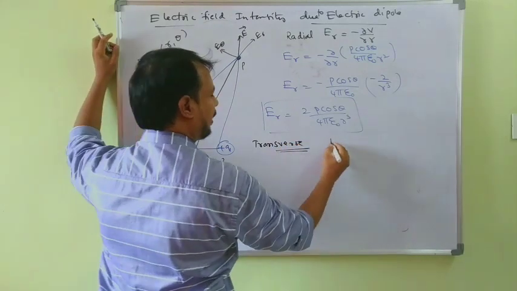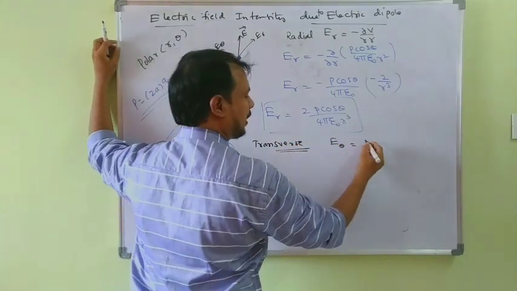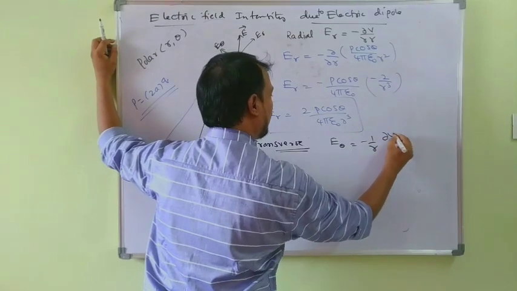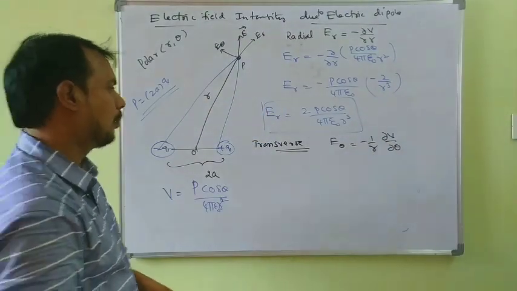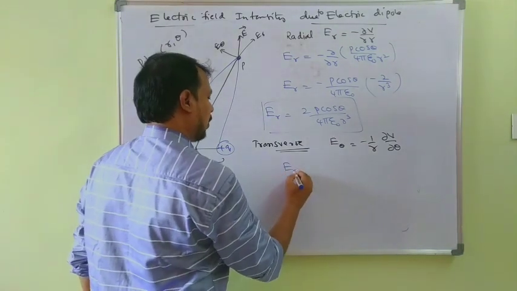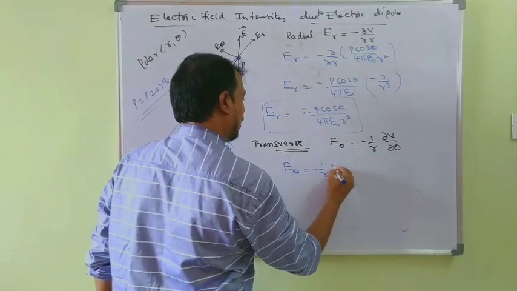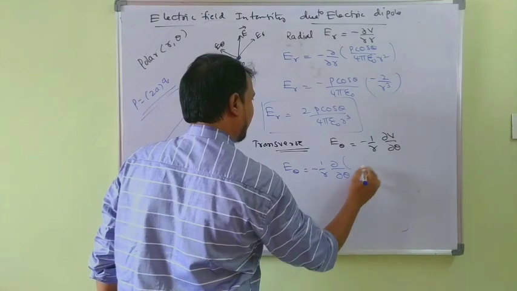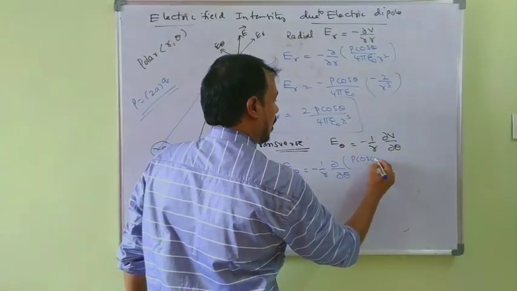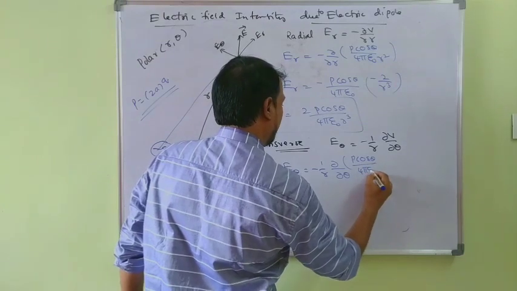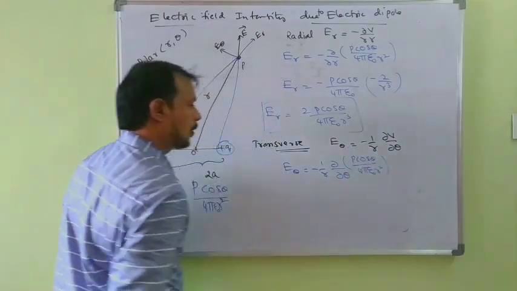Transverse component, that is nothing but E theta equal to minus 1 by R dou V by dou theta. This is the transverse component. Then E theta equal to minus 1 by R dou by dou theta of potential, that is P cos theta by 4 pi epsilon naught R square.